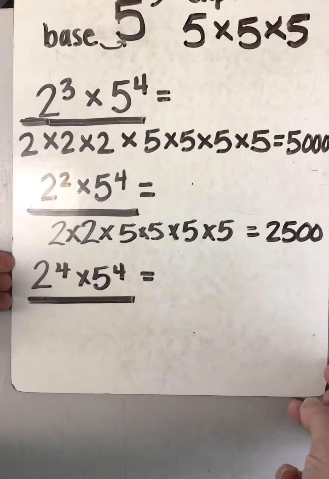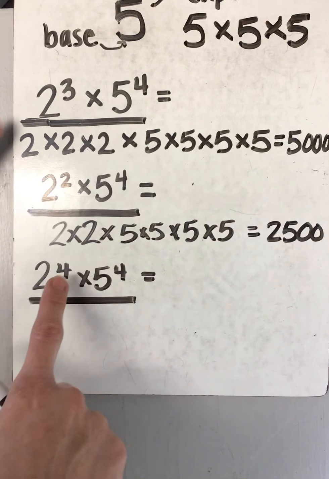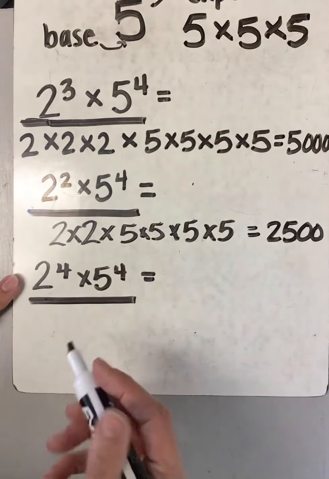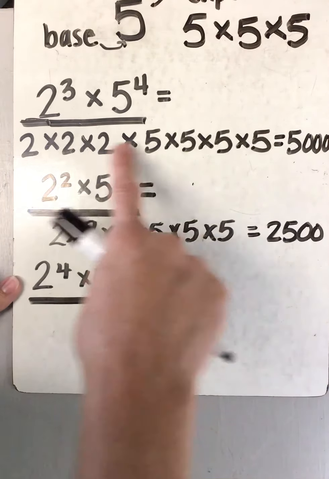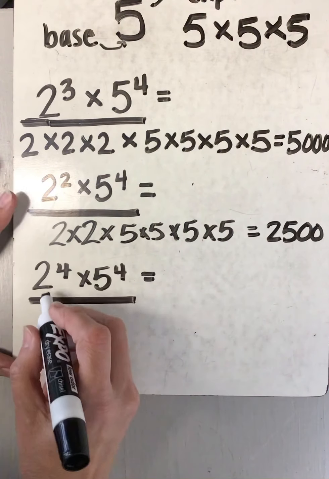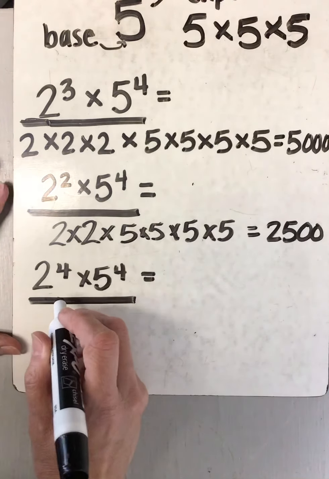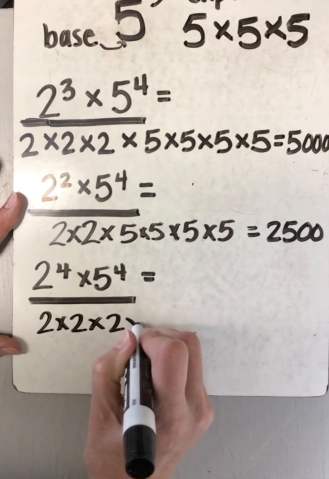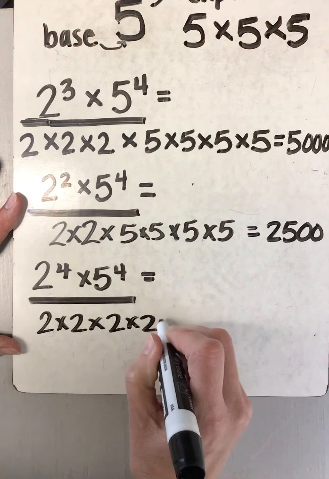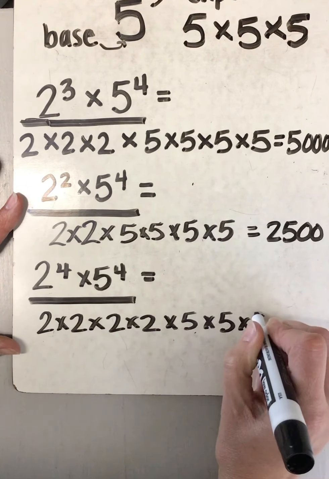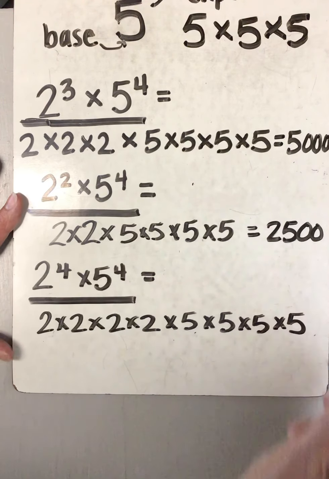If we added that 2 back in, we'd take this number times 2 and we would end up with 5,000. In that same thought process, where this was 2 to the 3rd power, now we're going to make it 2 to the 4th power. So we take this answer, 5,000, and multiply it by 2 because you'll have one extra 2. It'll be 4 2s, 1, 2, 3, 4 of them, and then all 4 of your 5s.